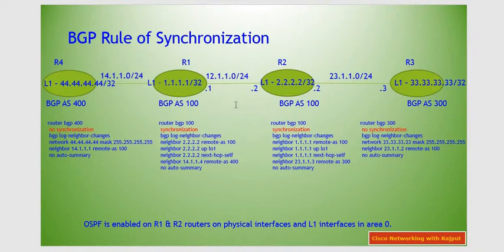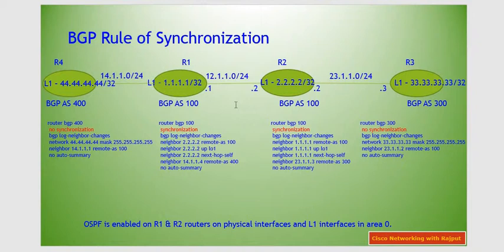On the loopback interfaces, router 4 has the 44.44.44.44/32 subnet. R1 has 1.1.1.1/32, R2 has 2.2.2.2/32, and R3 has loopback 1 configured with subnet 33.33.33.33/32.